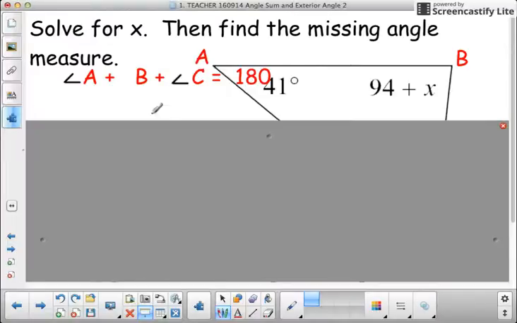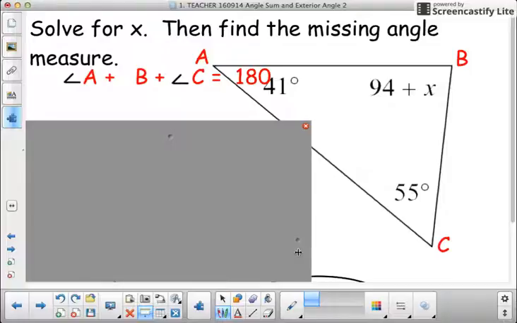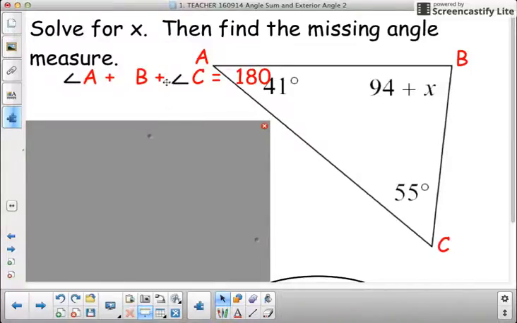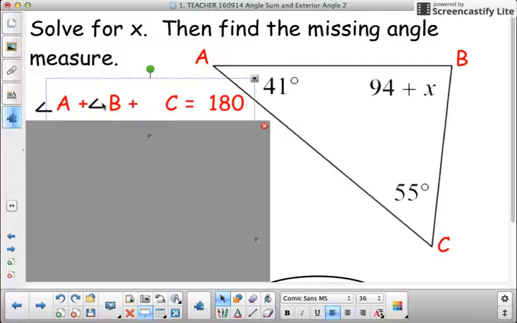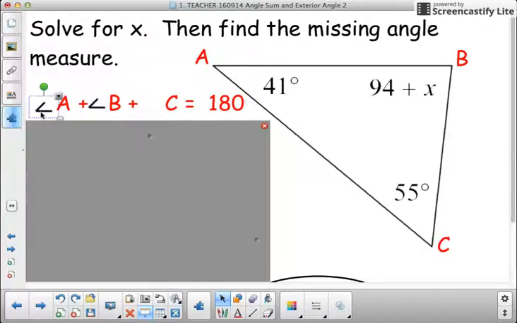So let's look at the next example. Now I've kind of covered mine up a little bit because I wrote the answer in already. But if you look at this example, nothing has changed. This situation is still going to be angle A plus angle B plus angle C equals 180.